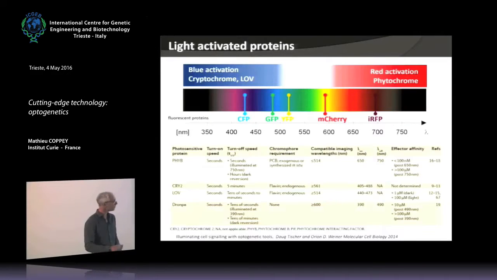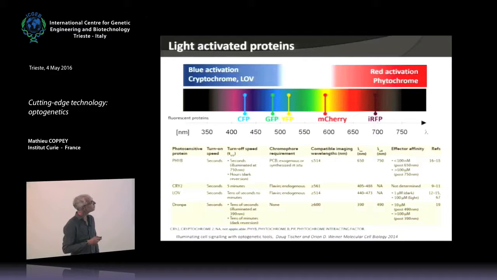To conclude this general overview of the tools, you have basically two kinds of light-activated systems. The ones in blue are the LOV domain, which changes conformation upon light, and the cryptochromes coming from plants. And you also have red activation systems, mostly the phytochromes, which come from microorganisms, bacteria.